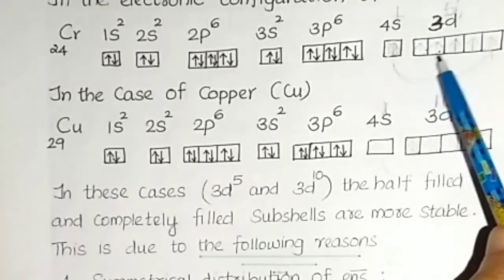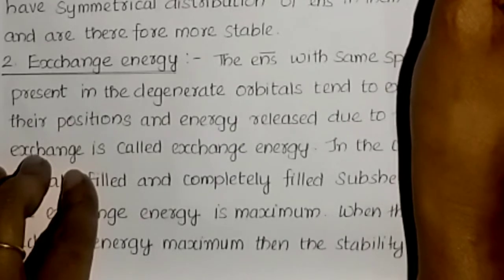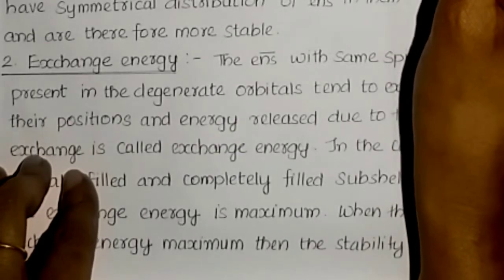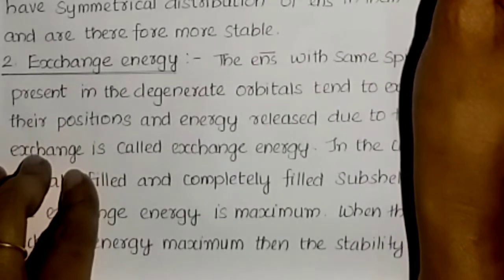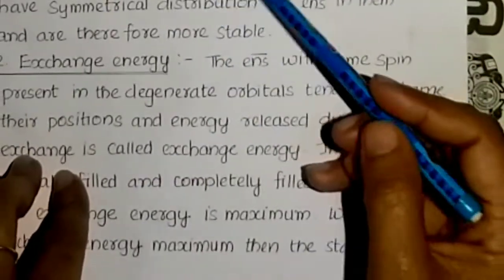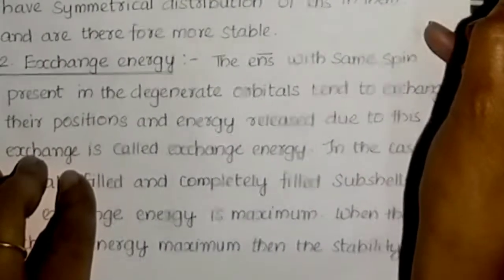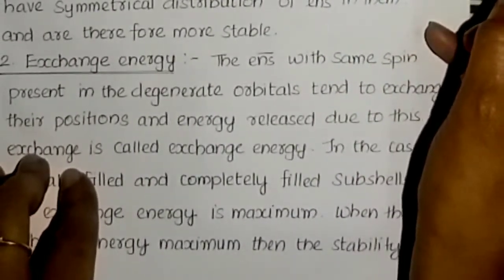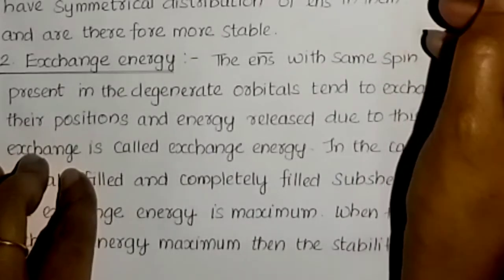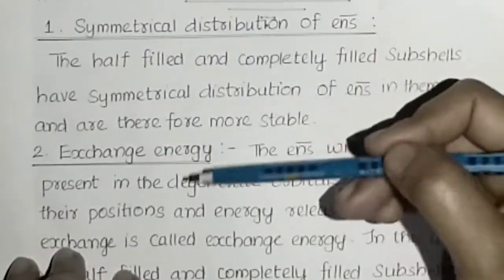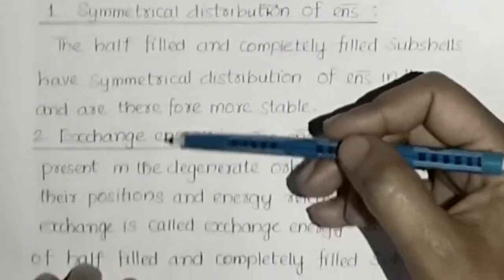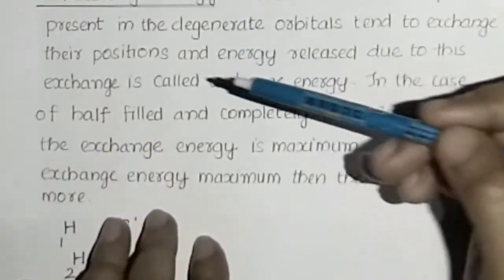These are the two reasons half filled and completely filled electronic configurations are more stable compared to the others: first, symmetrical distribution of electrons, second, exchange energy.